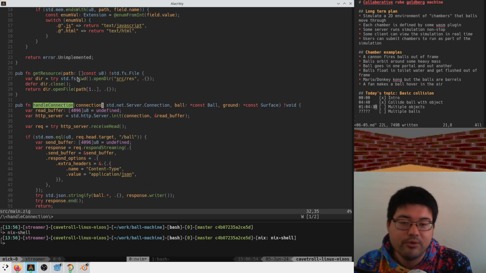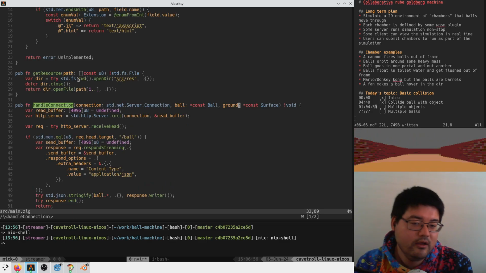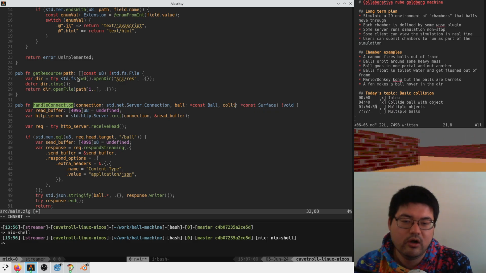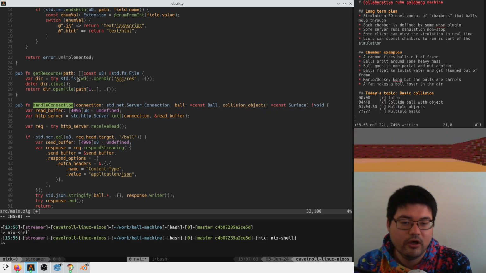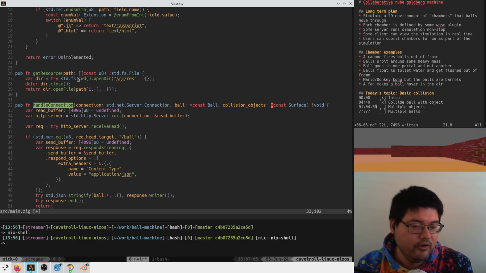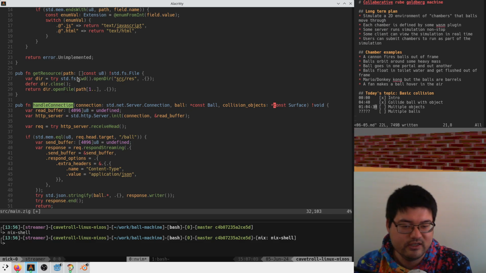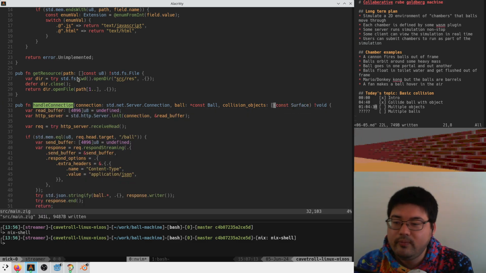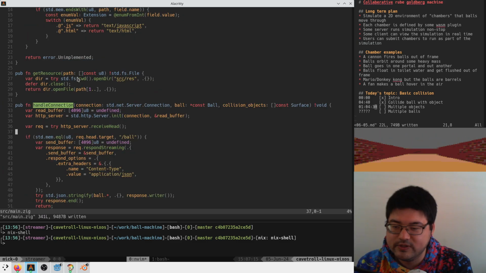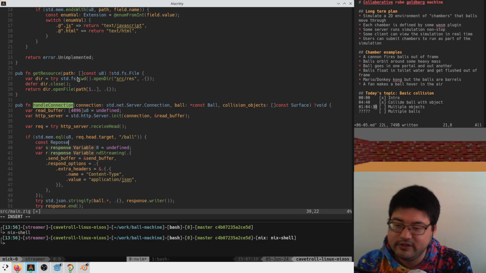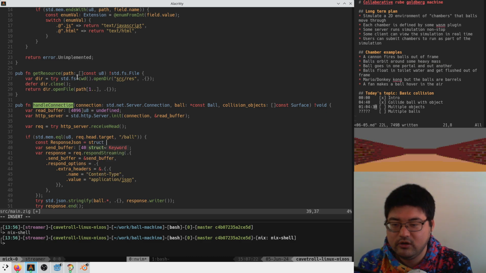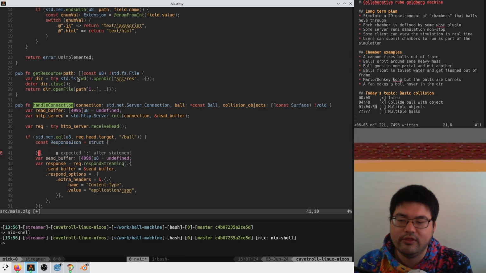And I think now is a good time for whoever said that we should return everything in one request: I'm on your side now, because I think this is a natural time to do it. So maybe this is some sort of slice of surfaces. And then here, we can just say const response JSON is some structure. I think we can just do it like this.